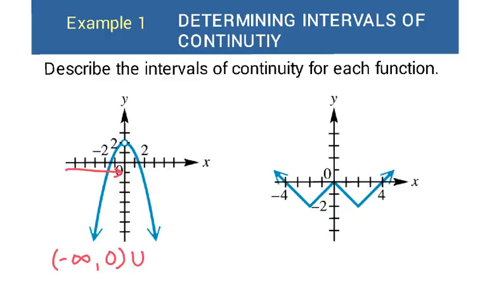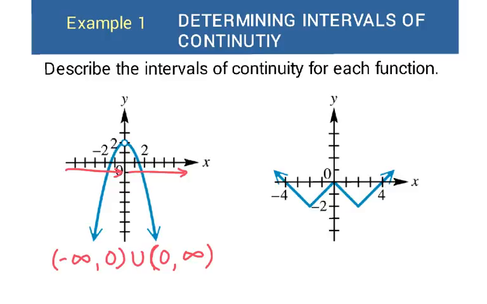So we begin back up at 0 and then go on drawing the rest of the graph, which goes on to infinity. So 0 again with the parenthesis because it's not included in the domain, and then to positive infinity. And there, we're done. That's the description of the interval that is continuous.